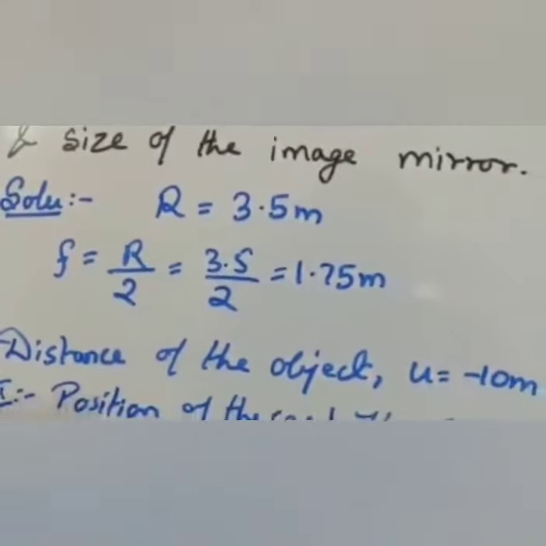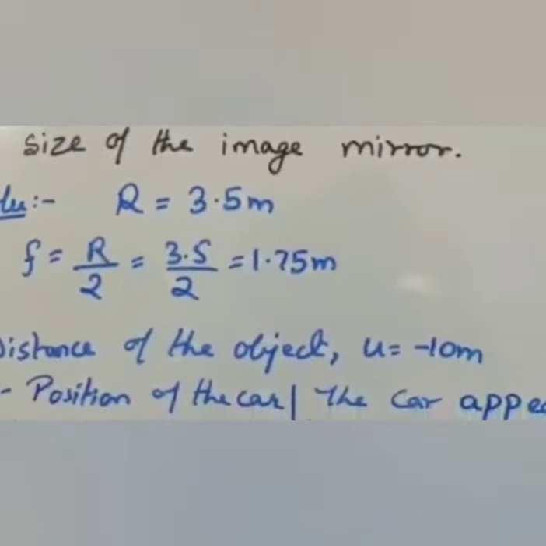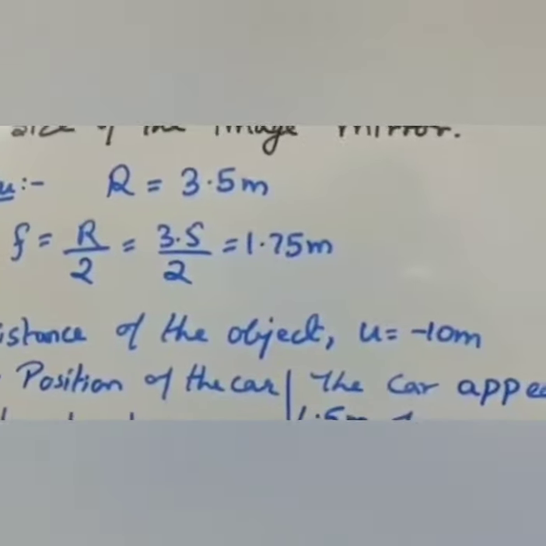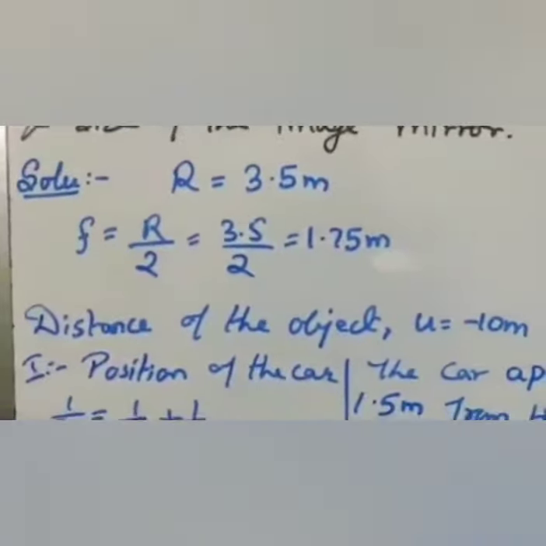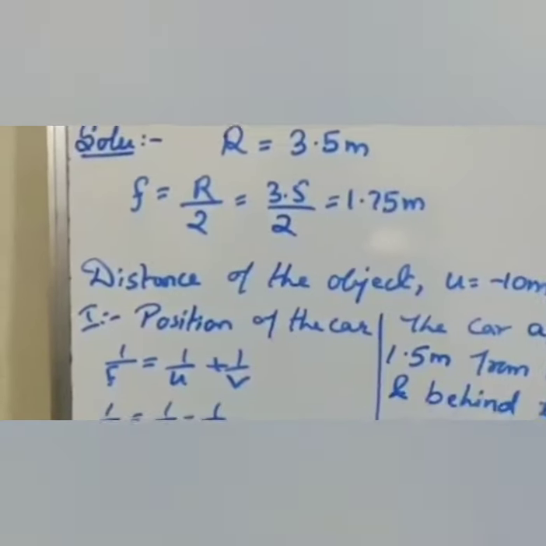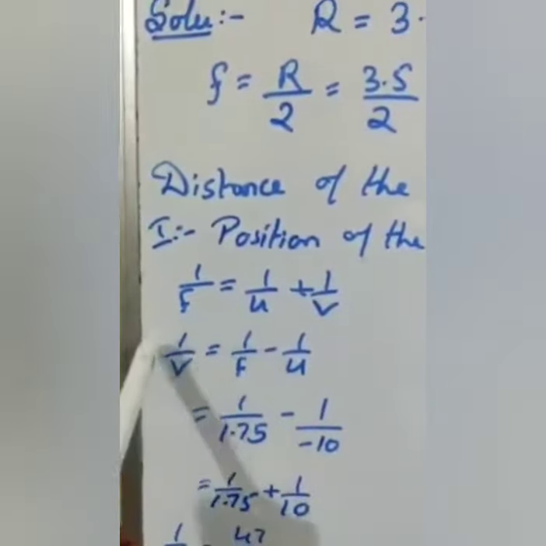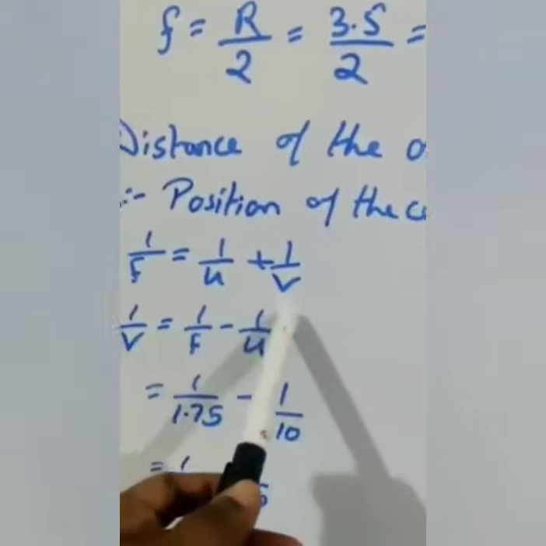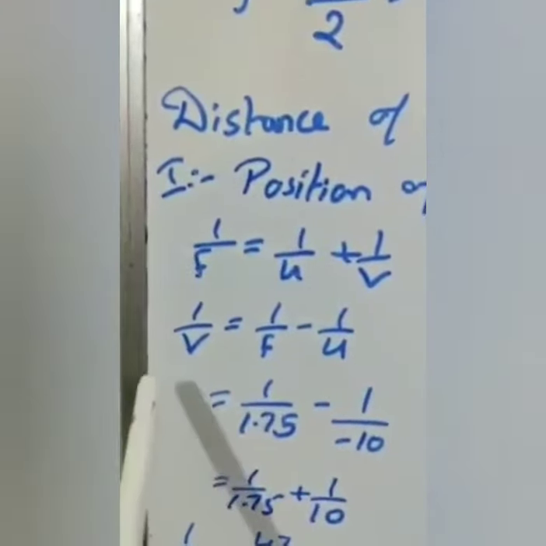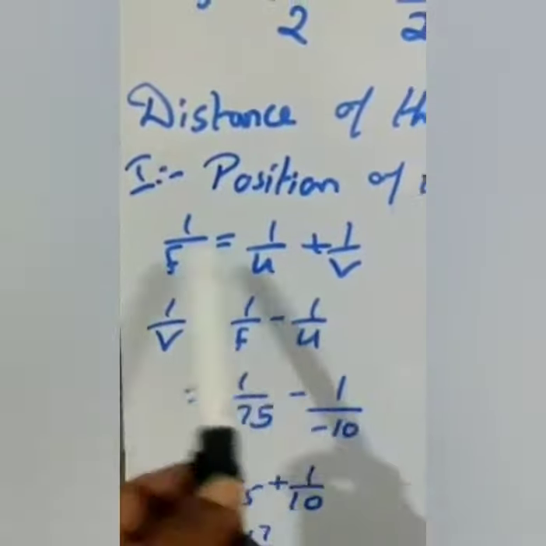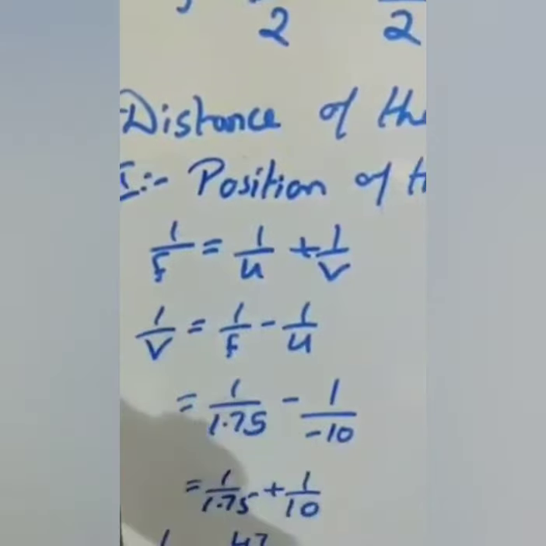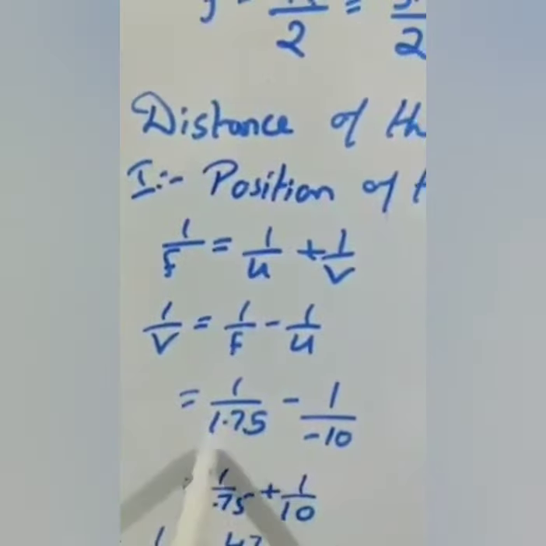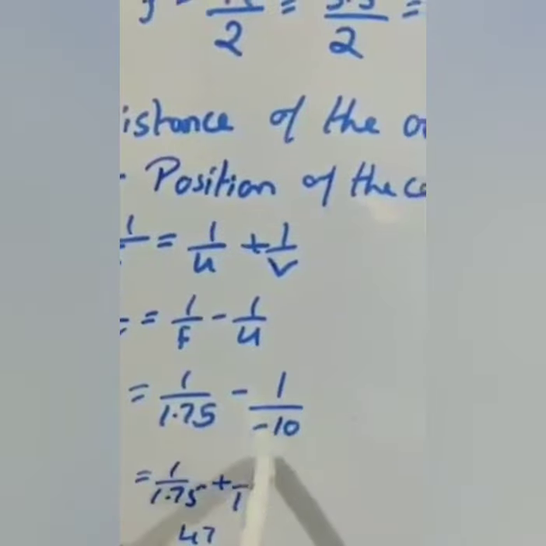Now distance of the object is minus 10 meters, left side. Right, U equals minus 10 meters. Now the formula: 1 upon F equals 1 upon U plus 1 upon V. So 1 upon V equals 1 upon F minus 1 upon U. It will come to this side, so it will be 1 upon 1.75 minus 1 upon minus 10.